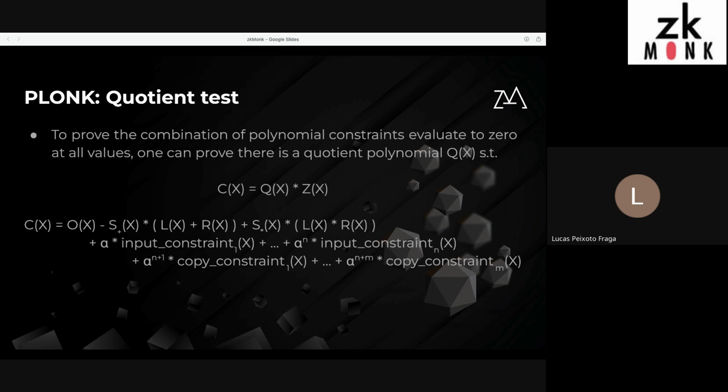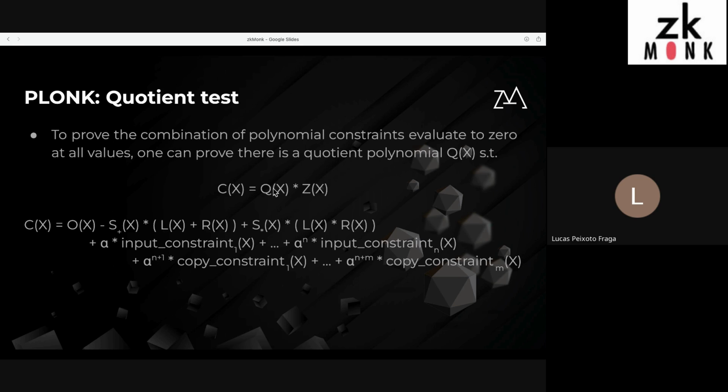The polynomial z is equal to 0 in all positions that we want to test. So if there exists this Q such that this equation holds, it means that c is also equal to 0 in all positions, right? Because this polynomial is equal to 0. So if this is equal to 0, this is equal to 0.